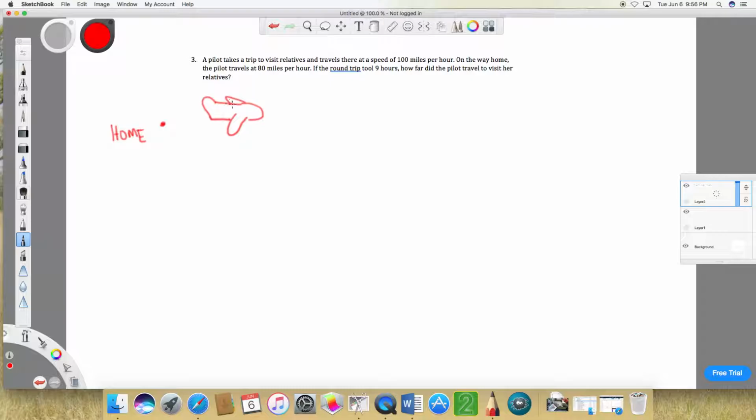And so here's our plane and we're going really fast. The rate to see her relatives is 100 miles per hour.